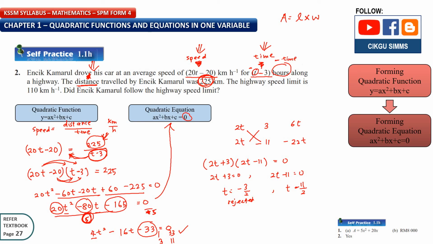You don't have a negative time, right? So you drive for negative 2 hours. So you don't have time like that. So you have this as your answer for t. So t is 5.5.